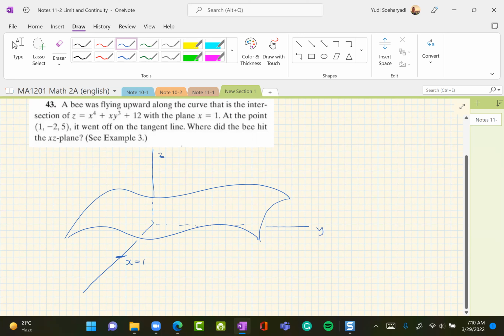This is y, this is z. Okay, so this is x equals 1. Then you have, say, a kind of wall. This is the intersection. Okay, so this is the intersection. This is the path of the bee.